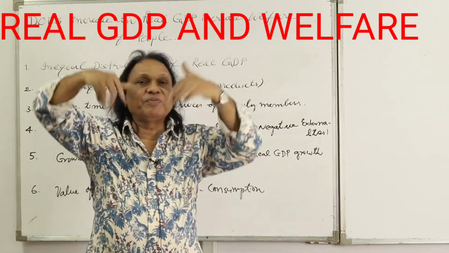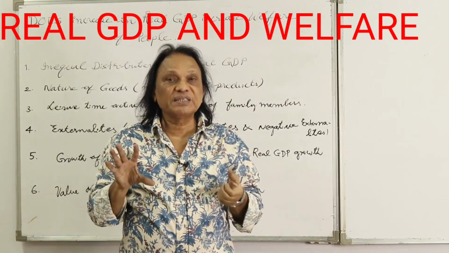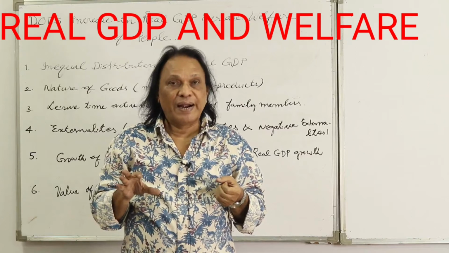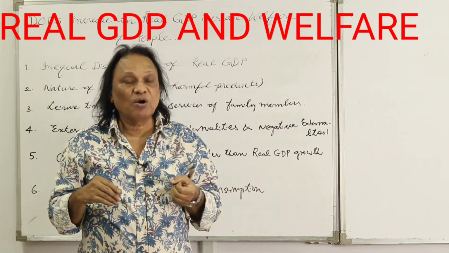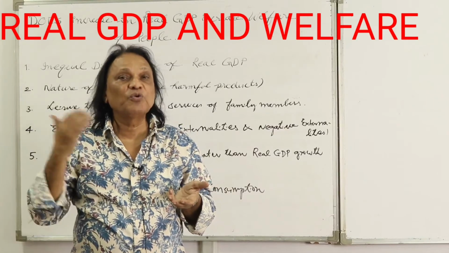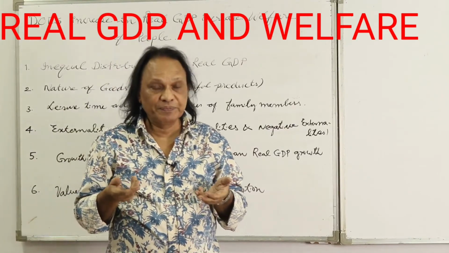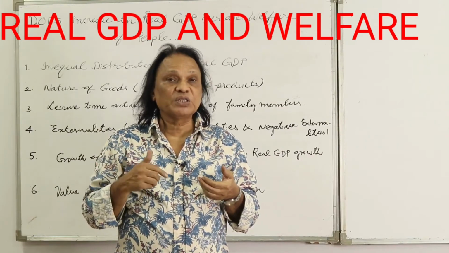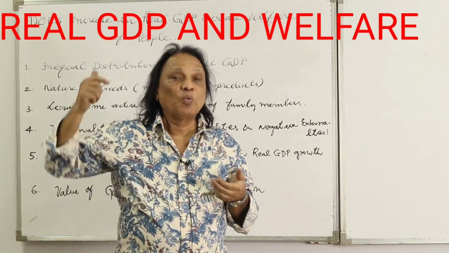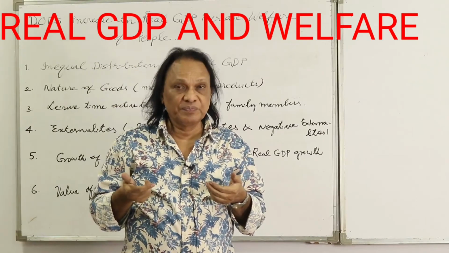Standard of living of the people will go up only when there is increase in real GDP. And one more point we made last time, nominal GDP can't be used to make year-to-year comparisons in GDP. Real GDP is helpful to compare the production or output from one year to another year.